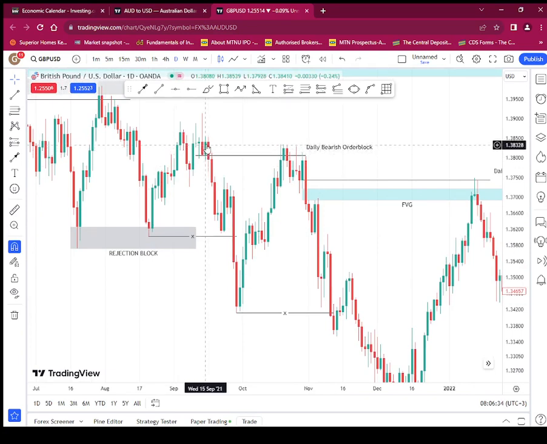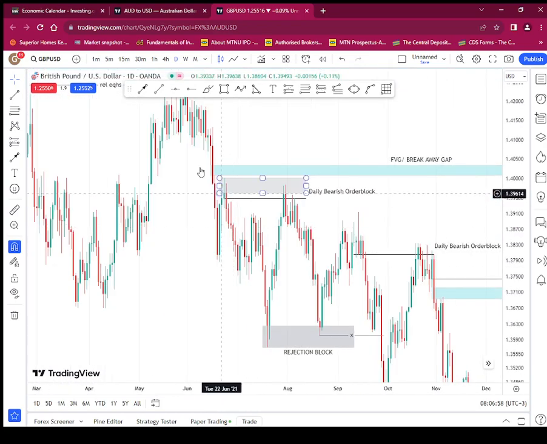Once the market got back to these areas, it reacted to them. This is where smart money enter their positions, and they ride the trend, which is a downtrend.